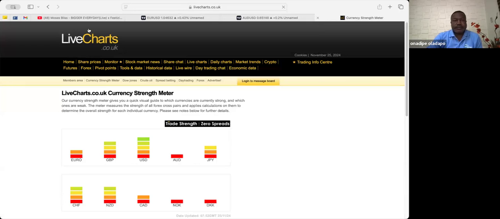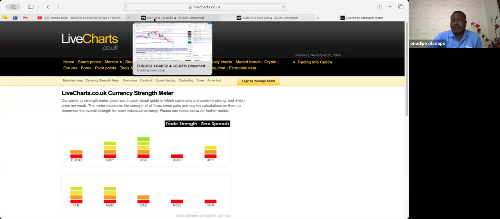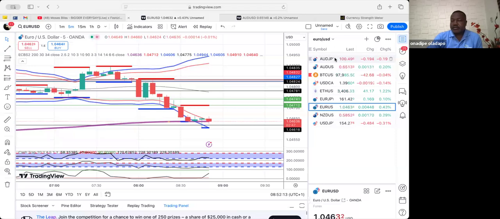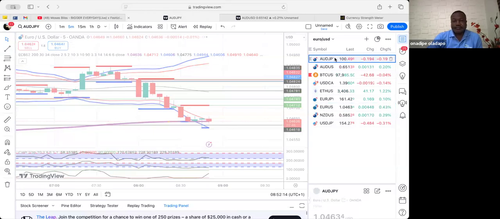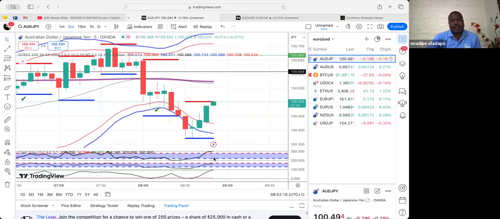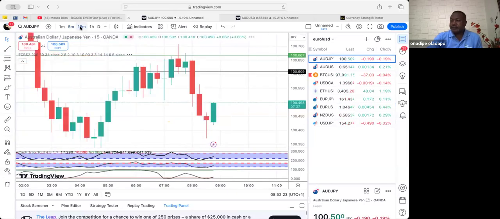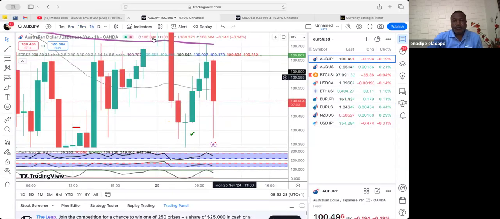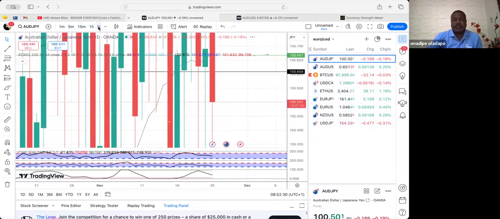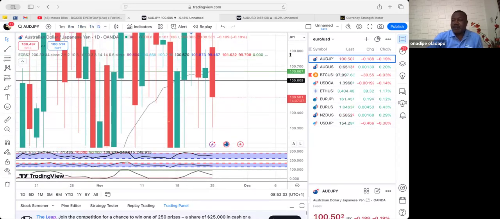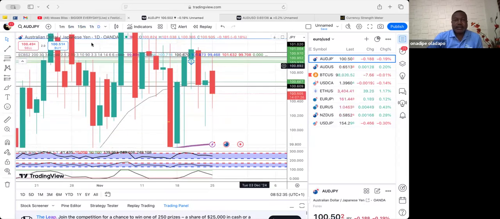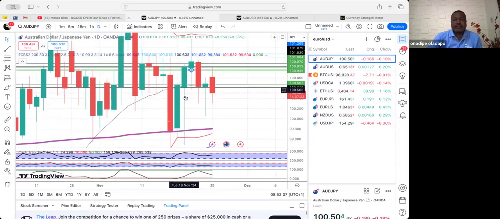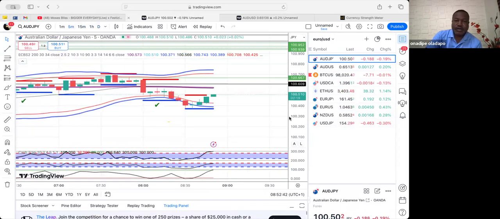While we're waiting for that, let me see the trend of AJ. EU will be good if it pushes further down. So AJ, 5 minutes is bearish. 15 is the same. 1 hour is still bearish. Only daily is not. AJ looks good, only that the strength is not as far apart as what you have.